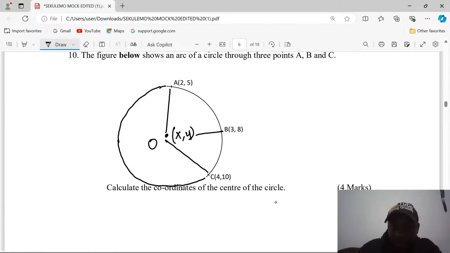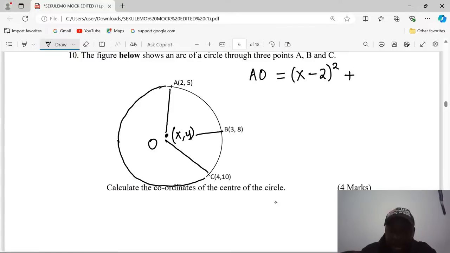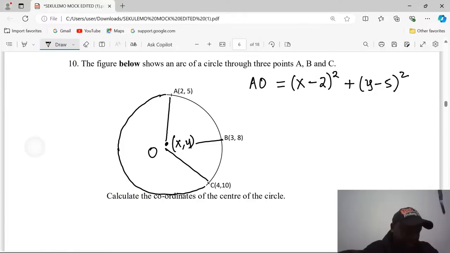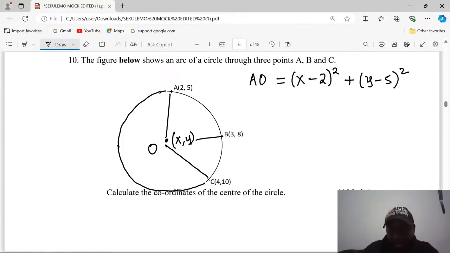From A to the center, that's going to be X minus 2, because the X coordinate of A is 2. When we square this and we add again the dimension in the Y component, which is going to be Y minus 5, and we also square this, we will be able to get the distance. That is the magnitude of a vector.